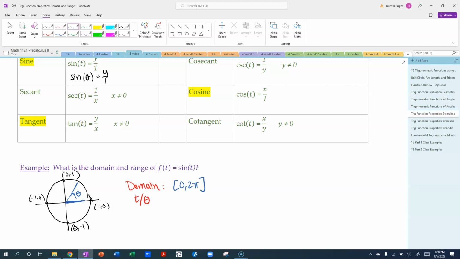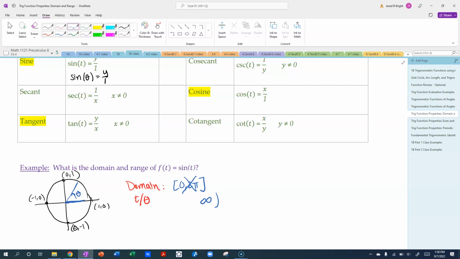In reality, that's incorrect, because I can keep on going around the circle forever and ever, as long as I wanted to, in the counterclockwise fashion, and that would just take me up to infinity.